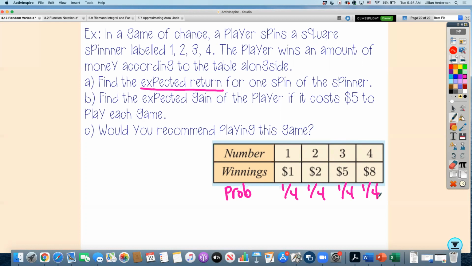And so then to find expected return, we want to take our X values and multiply them by the probabilities. Since it's asking us for the return, it's essentially asking us for how much money we could potentially win. So our X values here are our winnings.